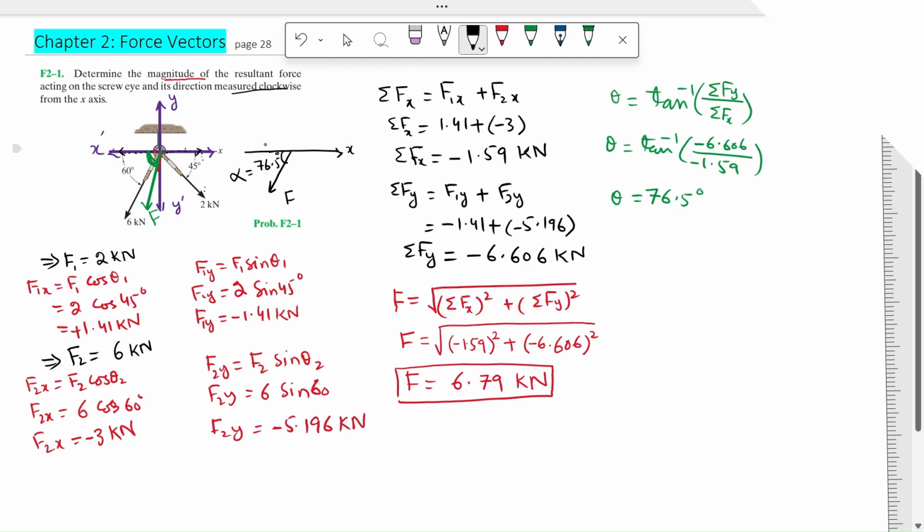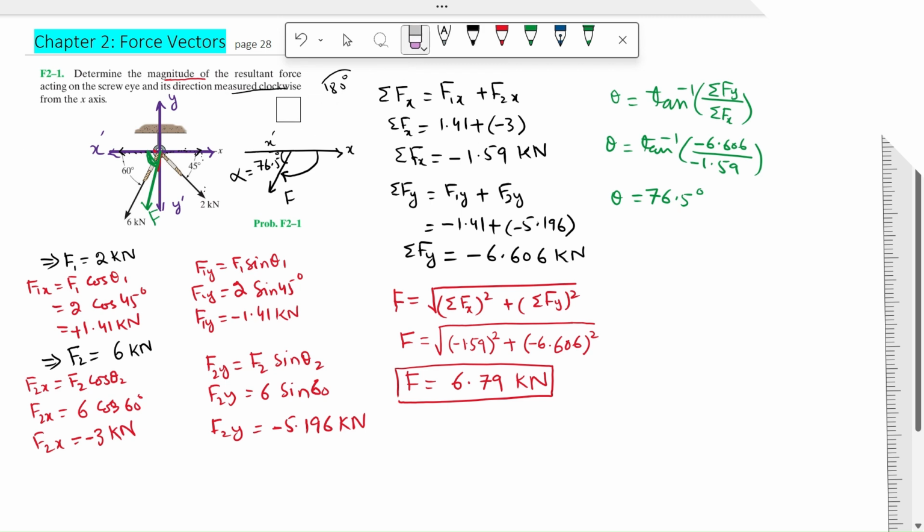We determined it from this x dash axis to the resultant force, but in the question we need it from the x-axis, in the clockwise direction. This straight line is 180 degrees, so subtracting this angle from 180 we can get the required angle.